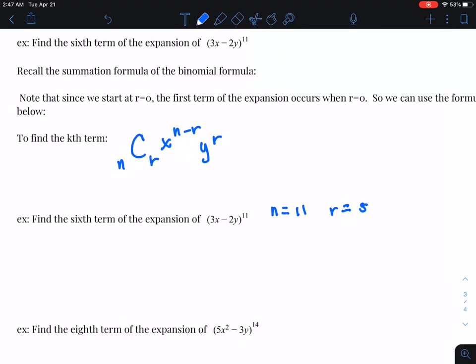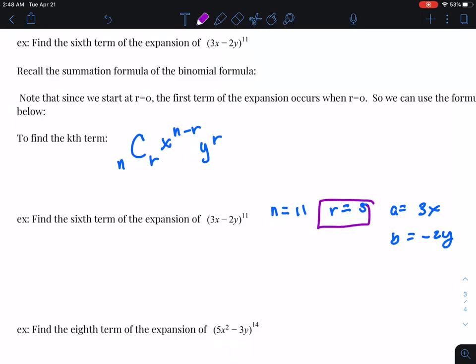Our x or a is going to equal 3x, and our y or our b is going to equal negative 2y. Okay, and y is to the 5th because we are looking for the sixth term.